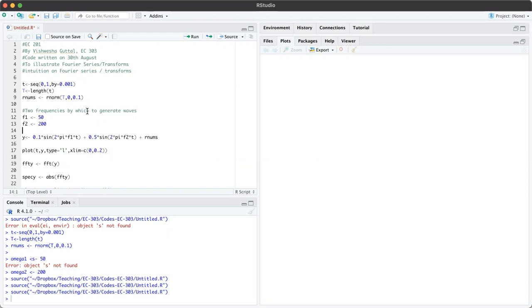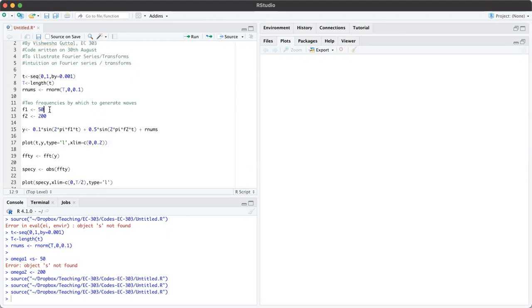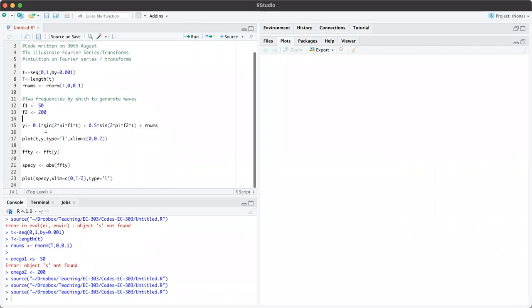So I'm going to now generate two waves. I have chosen arbitrarily two frequencies. f1 is 50 and f2 is 200. Meaning in one time unit, there will be 50 cycles of the first one and 200 of the second. Note that I'm just going from 0 to 1 time unit. And I have now superposed these two waves, y, but with a different amplitude.